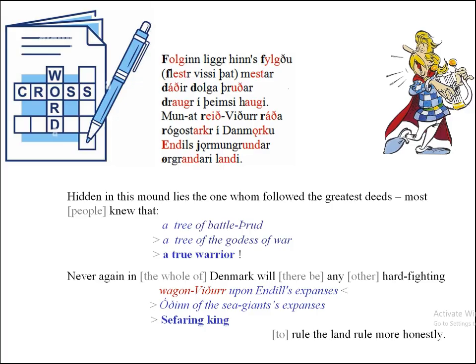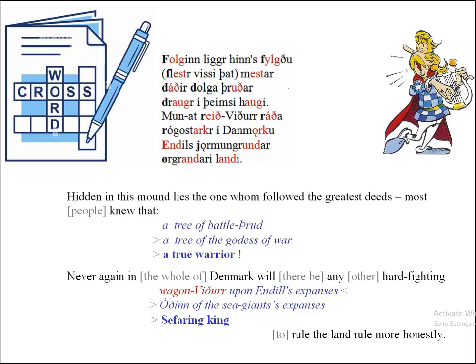Such a fragment of a runic poem we do find in Sigtuna, the Christian town of Sigtuna, and even, if I remember correctly, at Staraya Ladoga, which is east of St. Petersburg in Russia, and that was occupied back in the day by people of Nordic descent.